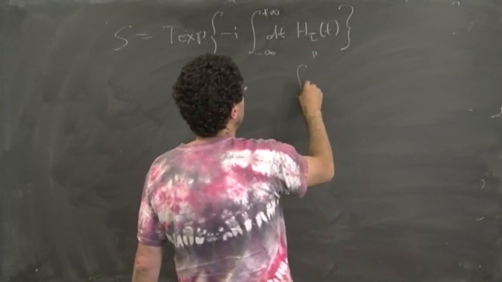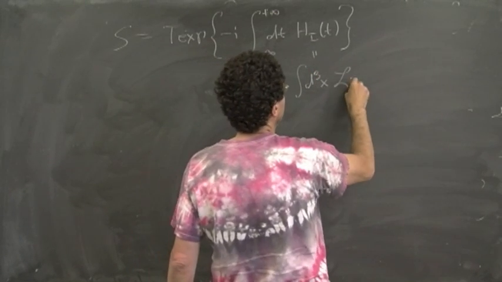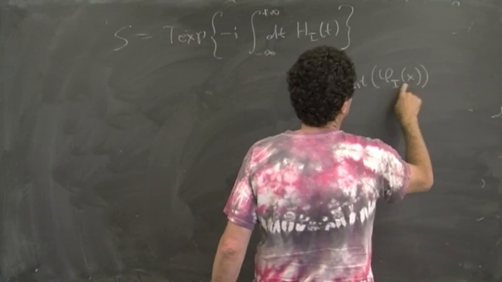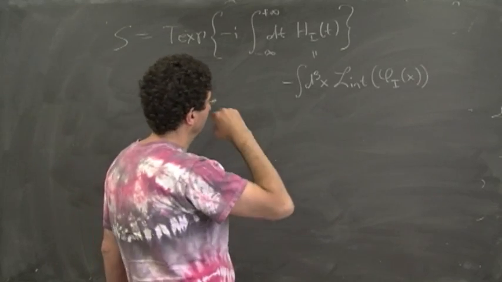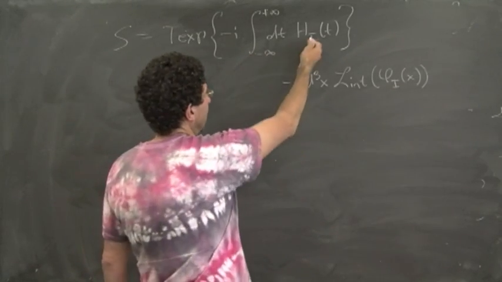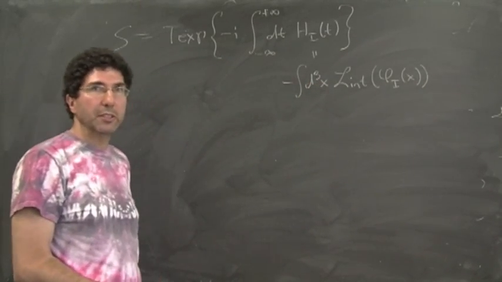My interaction Hamiltonian is d^3x times my interaction Lagrangian evaluated on the interaction picture fields. And there's a minus sign, because this interaction term is just a potential term, so the interaction Hamiltonian is just d^3x times the interaction Lagrangian density.